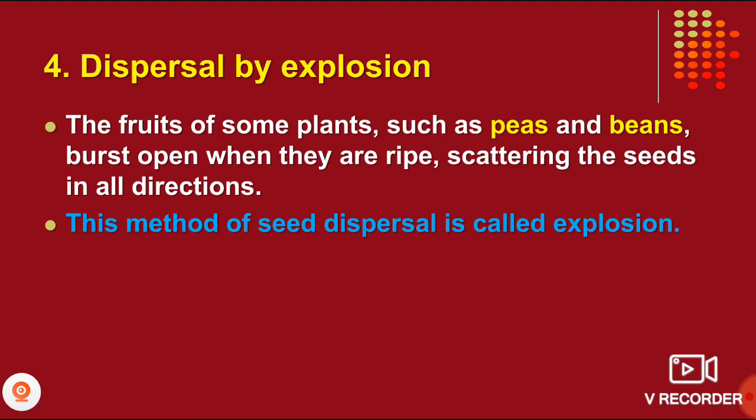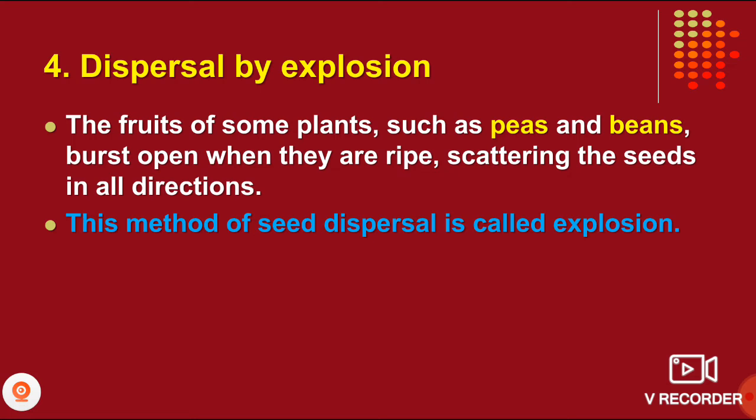Now the fourth one is dispersal by explosion. Explosion, that is, burst. You have heard the word explosion. What happens? A bomb explodes, other crackers explode. In the same way, once the fruit gets ripe, a few fruits have a tendency to explode.